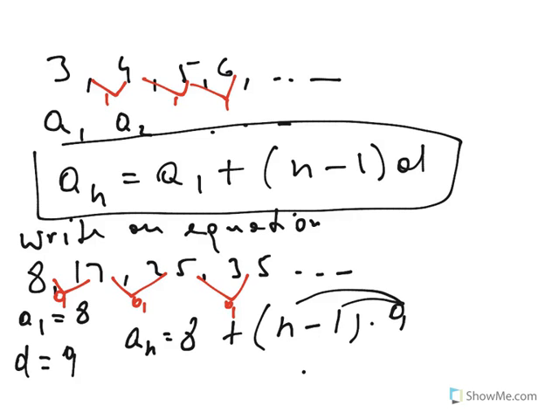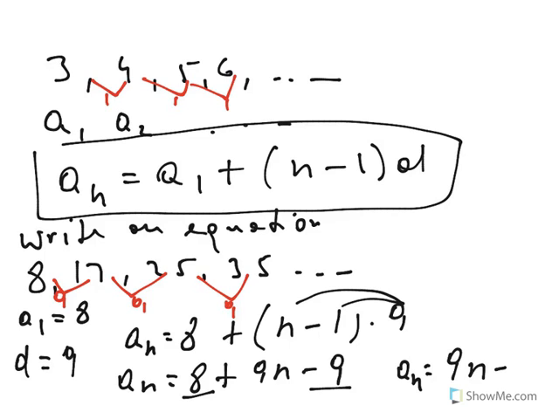So I have 8 plus 9n minus 9 times 1 gives me 9. I have to combine like terms, and after combining like terms, I have a sub n equals 9n minus 1, since 8 minus 9 gives me negative 1.